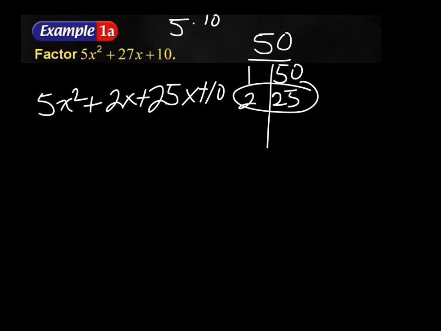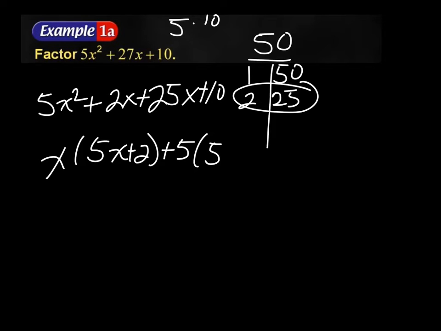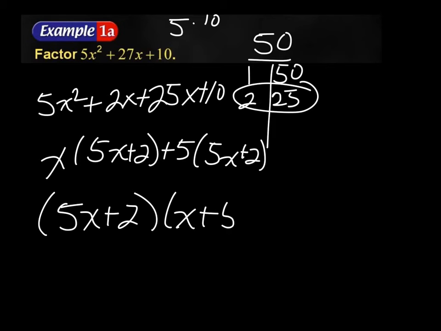The greatest common factor for the first two terms is not 5, it's just x. I'm getting ahead of myself. So then I'm going to have 5x plus 2 left. The greatest common factor for the next two terms is 5, and I have 5x plus 2 left. So my two factors are 5x plus 2 and x plus 5.